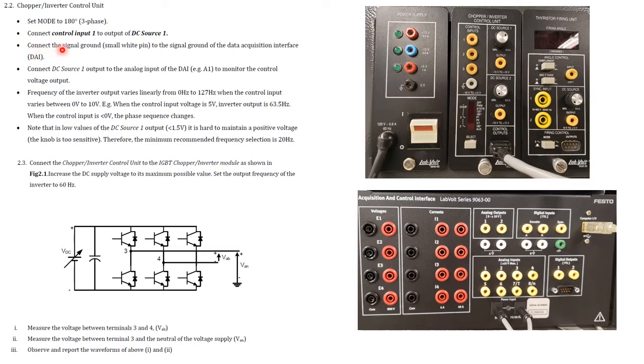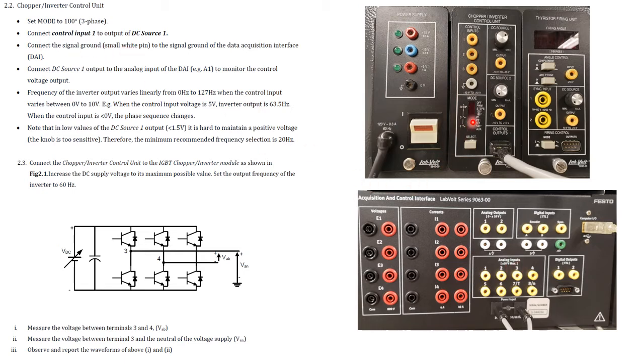Then it says connect the signal ground. What is signal ground? It is the small white pin. This is the signal ground, to the signal ground of the data acquisition interface. You can easily find it because you already measured voltage and current; this part is beside it.